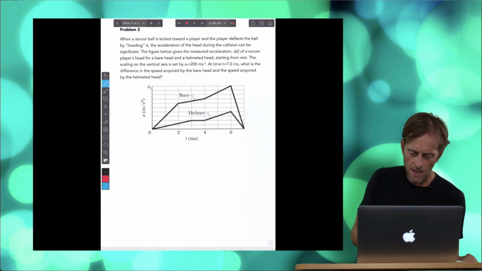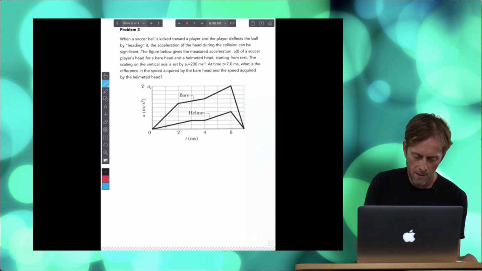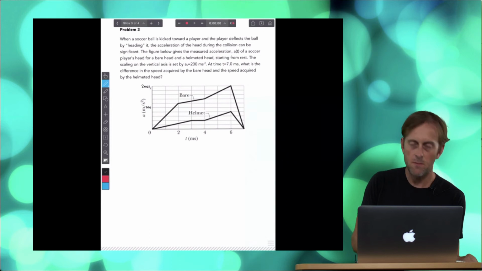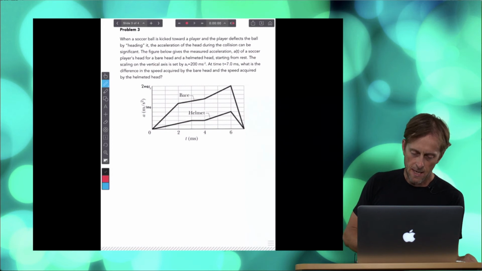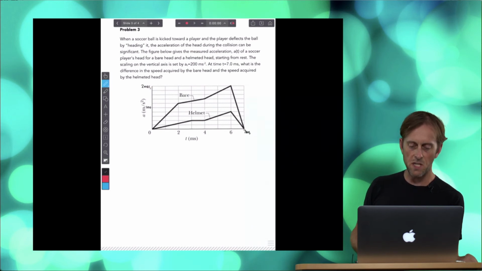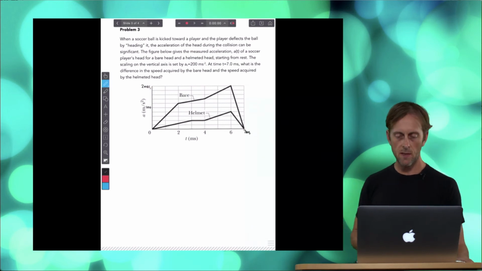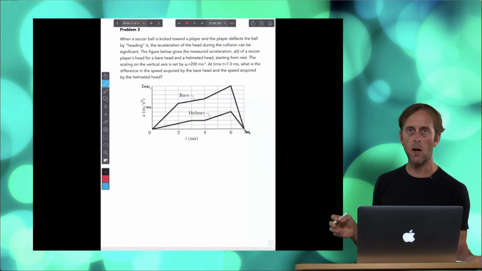So the scaling on the y-axis, this is 200 up here. So this will be 100, and they're going to be 20 meters per second squared increments. And so at time 7 milliseconds, which is here, we want to see what's the difference in speed acquired by the bare head and the helmeted head.